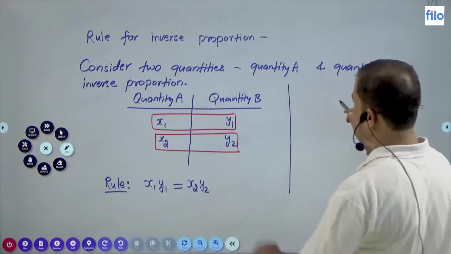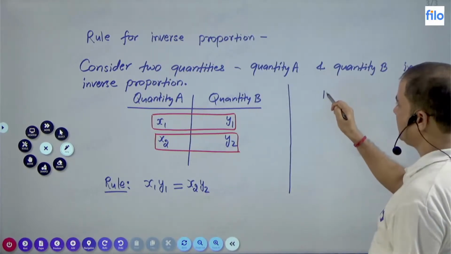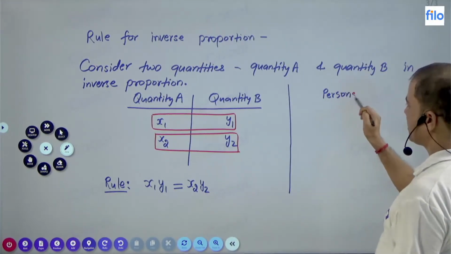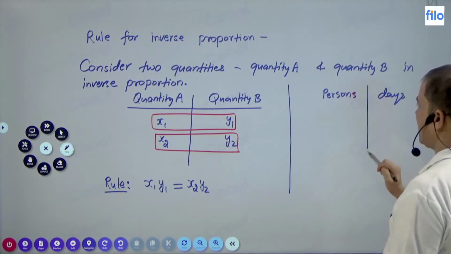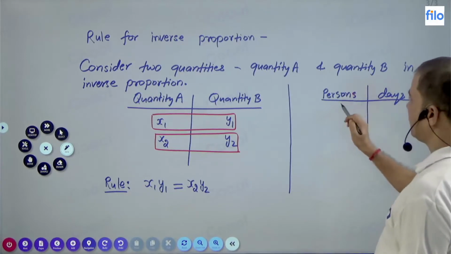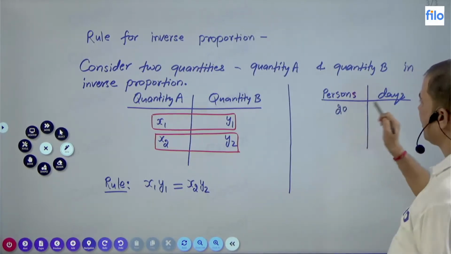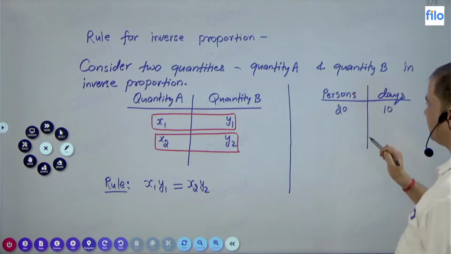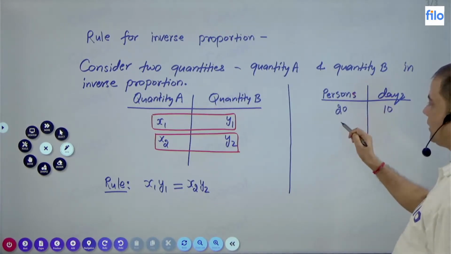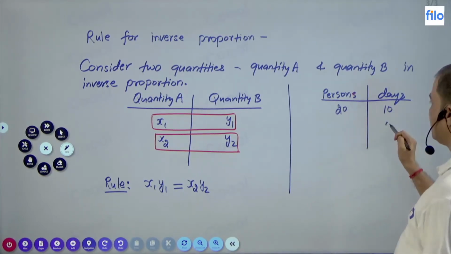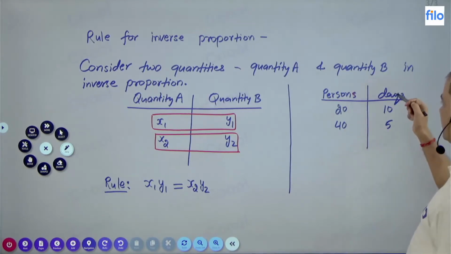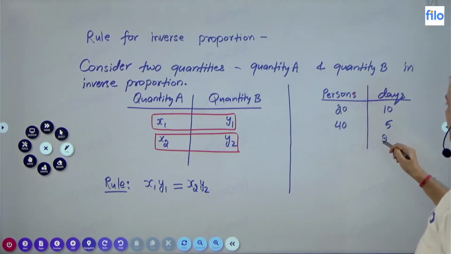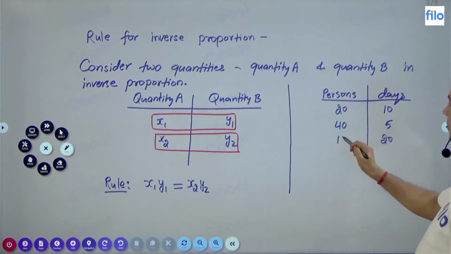In the previous page we took the example of persons and days. Number of persons were 20, days were taken 10. Number of days were decreased to 5, persons increased to 40, and when days became 20, persons became 10.